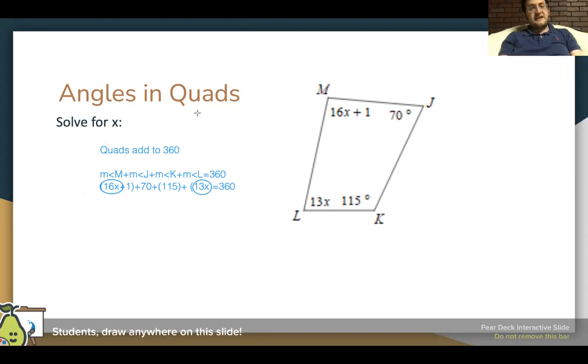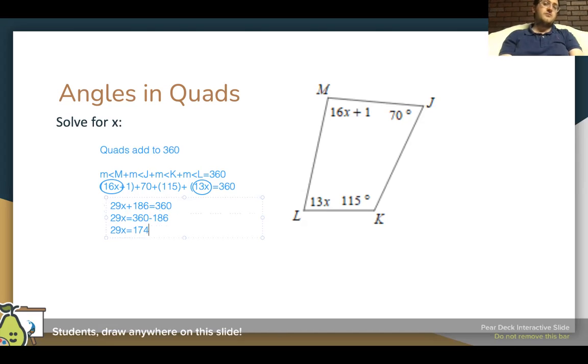I got 16x and 13x combining together. So that's going to be 29x. And then 115 plus 70 is 185. So that's 186 equals 360. So I have 29x equals 360 minus 186.